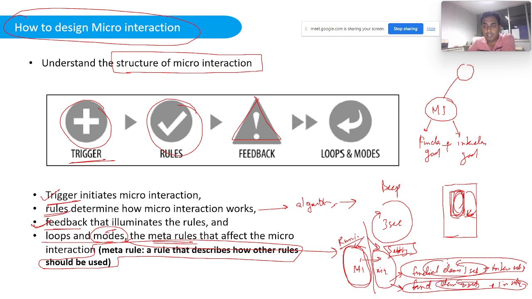So you have rule set 1, rule set 2, rule set 3. Meta rules basically describe how other rules should be used. Say you have a lot of rules, probably 100 rules. 20 rules you group using one mode, another 30 rules you group into another mode. So these are the four basic elements in the structure of micro interactions.